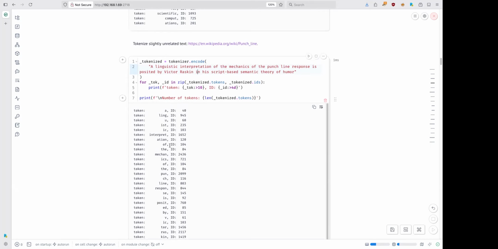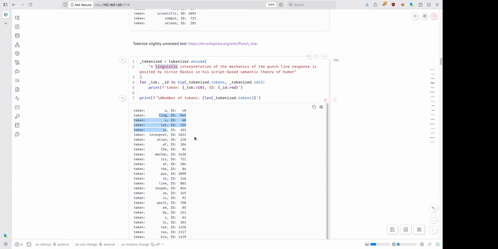Oh no, we see, for example, the word linguistic here is tokenized into 4 tokens. So it's really inefficient. We have one word, one meaning, but now we have 4 tokens.